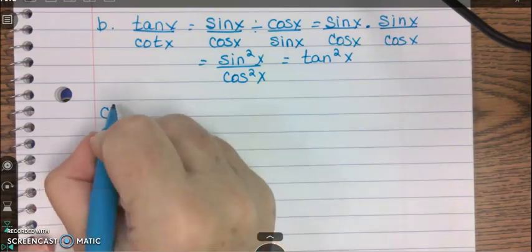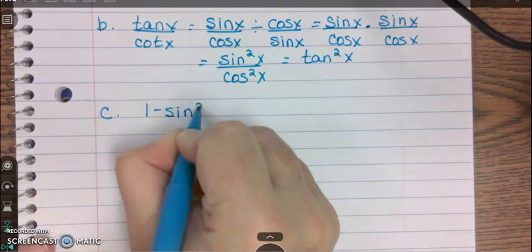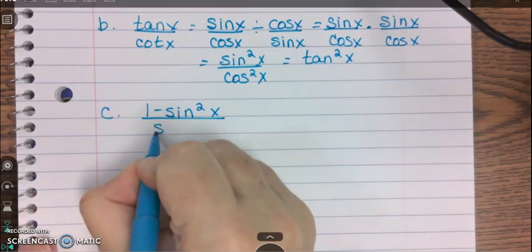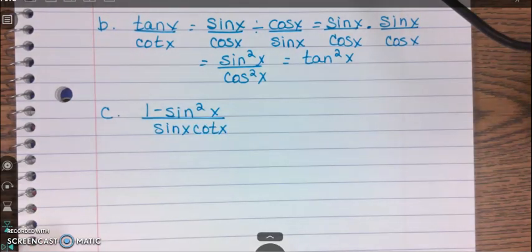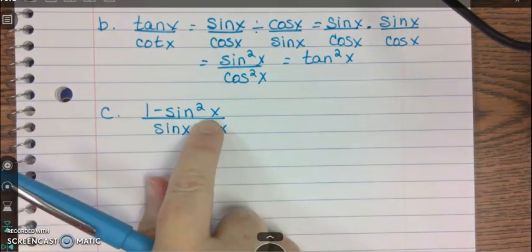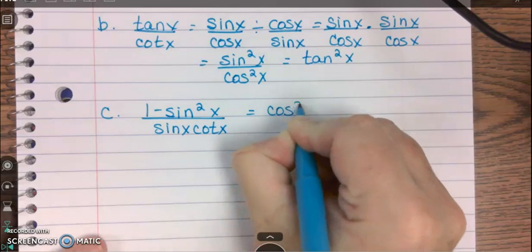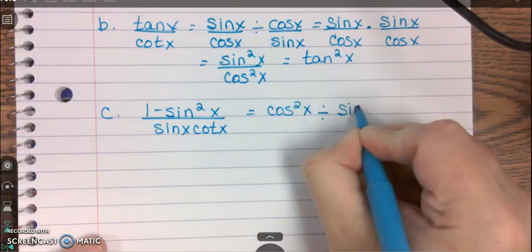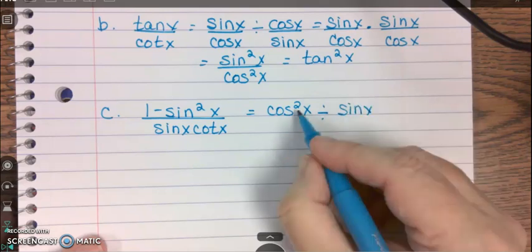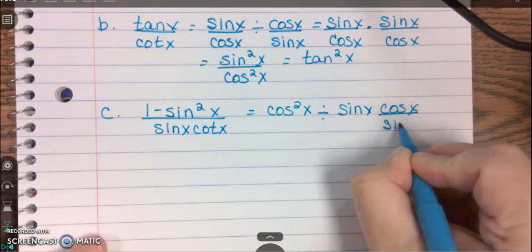And last from this section is 1 minus sine squared x over sine x cotangent x. Okay, so we just did this problem. So 1 minus sine squared, the thing that's missing is cosine squared. So then it's sine x, and then cotangent is cosine over sine.